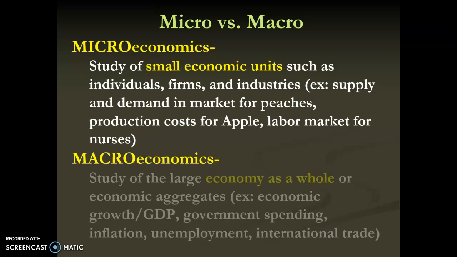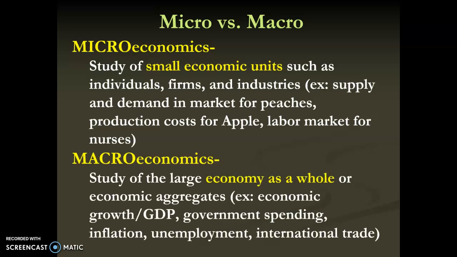Whenever it comes to macroeconomics, we're looking at the study of the large economy as a whole. This could really mean the global economy, the US economy, even the New Jersey economy. But we're looking at data that's basically describing economic aggregates, even aggregate supply and demand, the demand of all the consumers in the US, the supply of a great number of firms.